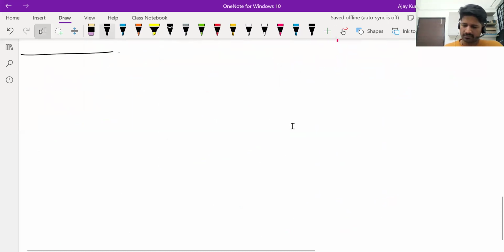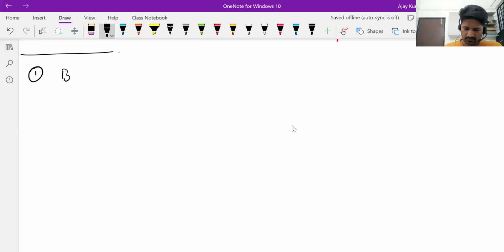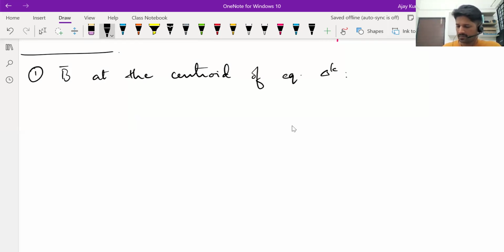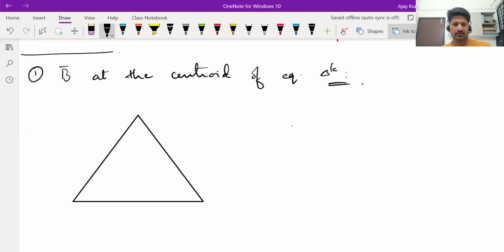Fine. Let's solve some questions based on this. If you have any doubts, you can ask. Magnetic field of a straight wire. These are some basic cases you'll find in many books. Let's say there's an equilateral triangle.